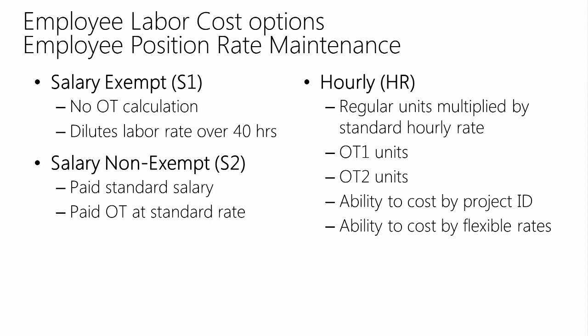And then we have the standard hourly employee, where all the regular units are multiplied by the regular rate, and then we have overtime 1 and 2 available as well. And we do have the ability to identify different costs by the project ID, and there's also flexible rates where we can add more complex calculations to their hourly rate, but we don't have time to cover that in detail during this course.